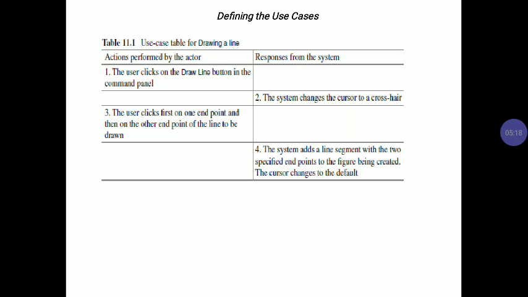After that, the user clicks first on one end and then the other end of the line to be drawn. He is going to mark 2 points on the display. After that, the system adds a line segment with the two specified endpoints to the figure being created. The cursor changes to the default. This is the use case table for drawing a line.